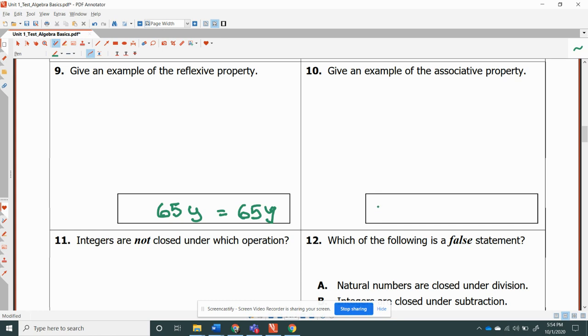Let's do 7 plus 2, and we'll make that a quantity, plus 5 equals, now we'll have our 7 plus, and then we'll have the quantity of 2 plus 5. The associative property works for multiplication and addition only. There is no associative property for division or for subtraction.